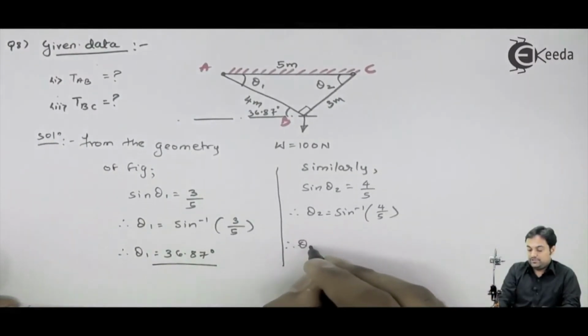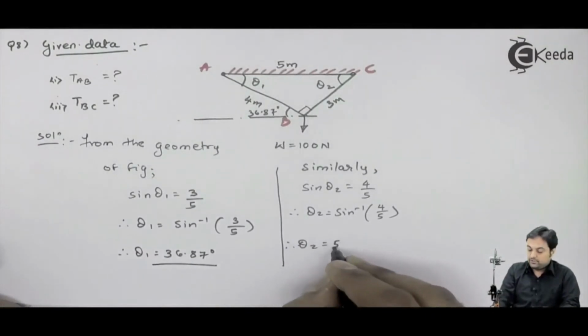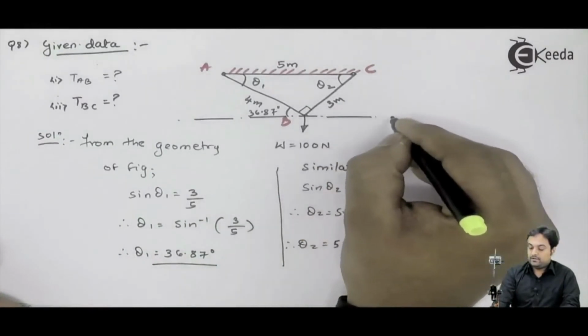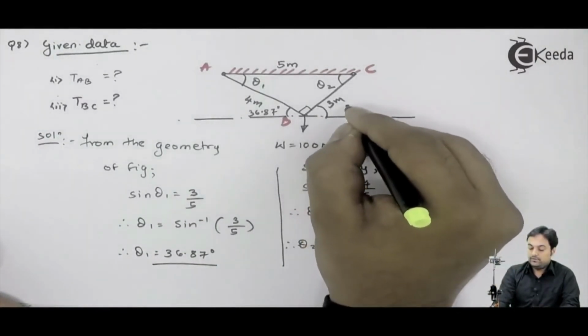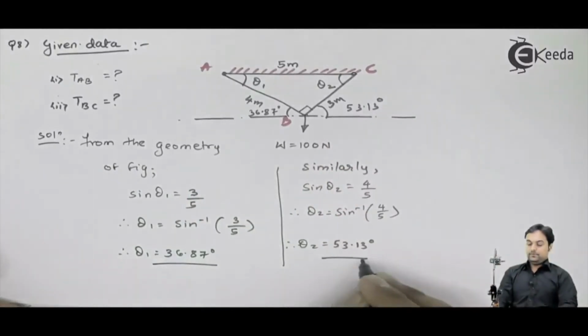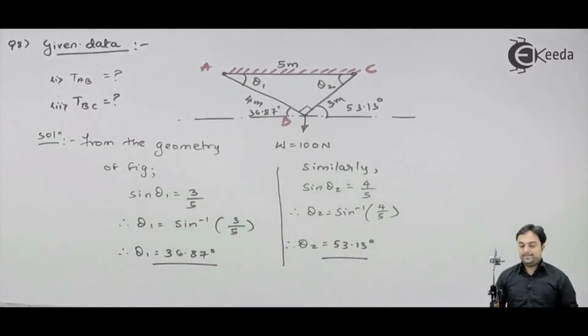Hence, my answer of theta 2 comes out to be 53.13 degree. So here I can mark theta 2 also. This is 53.13 degree. So theta 1, theta 2 both have been calculated. After getting theta 1 and theta 2, now I can easily draw the FBD for the given figure.